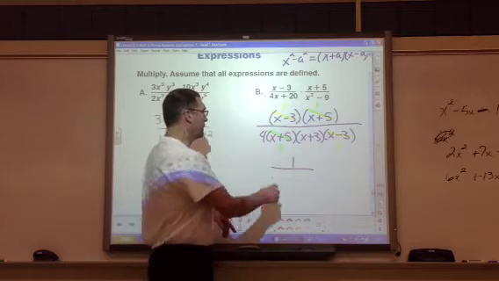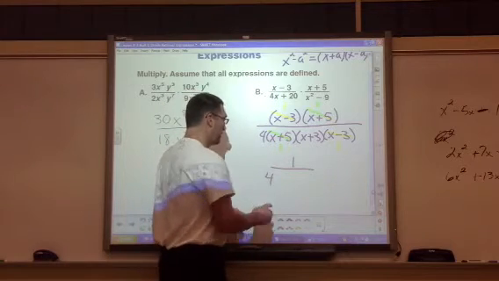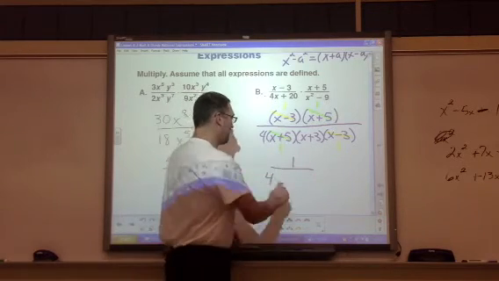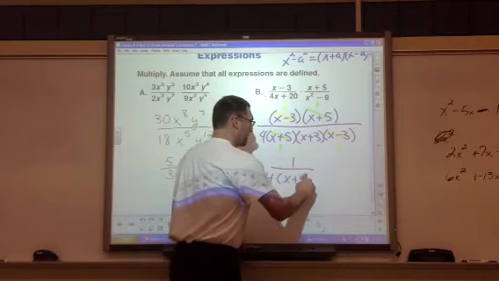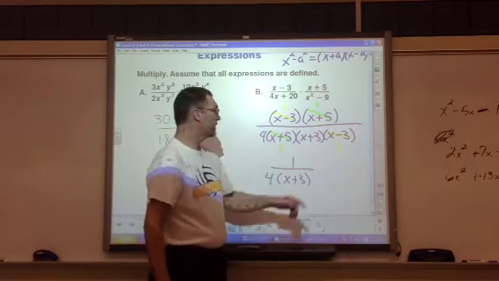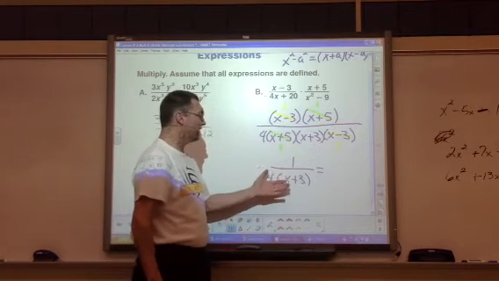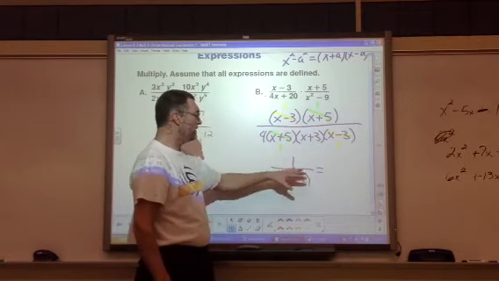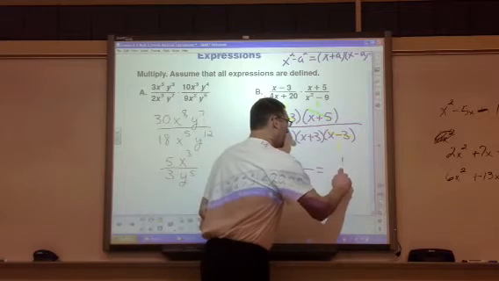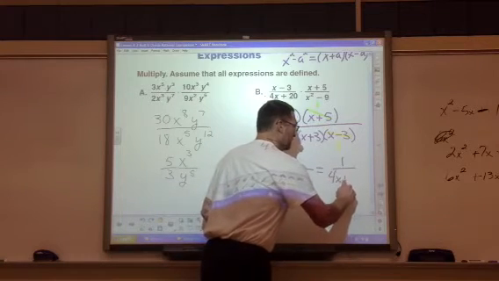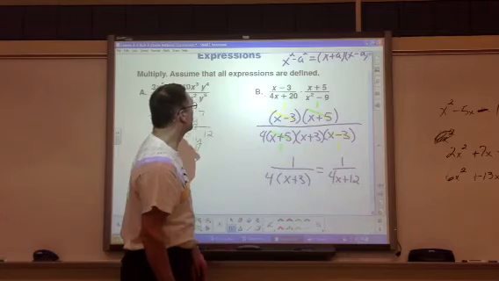And now in the denominator I have 4 times 1 times x plus 3 times 1. So my final answer here, yeah, you probably could leave it this way. Sometimes when it's really difficult, but this one's a pretty easy one, so I would multiply it out to 4x plus 12.